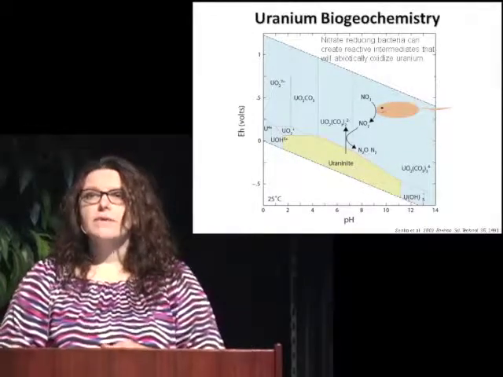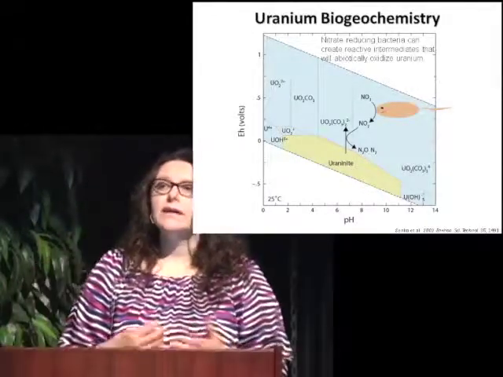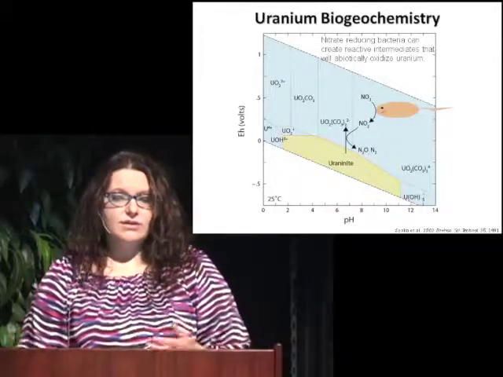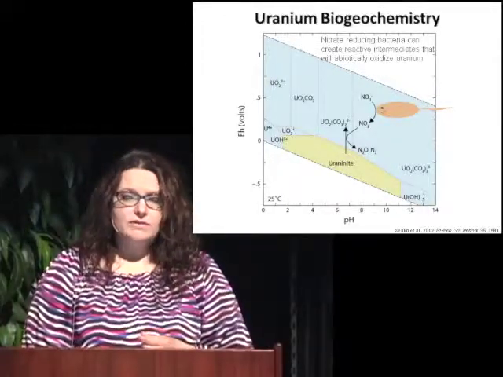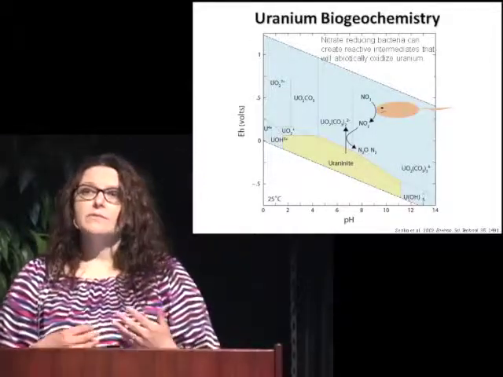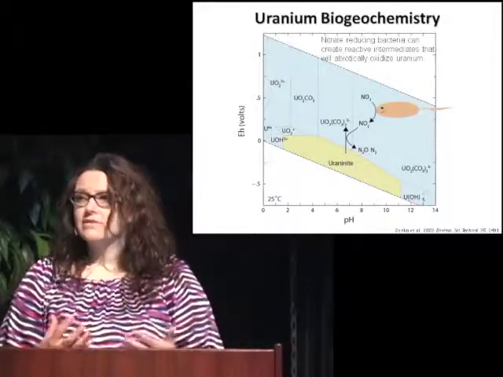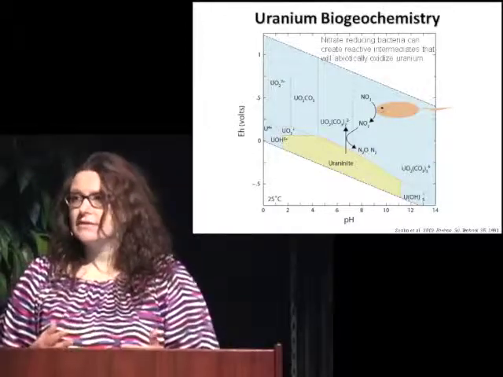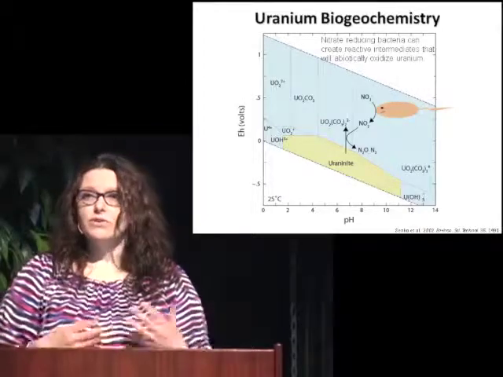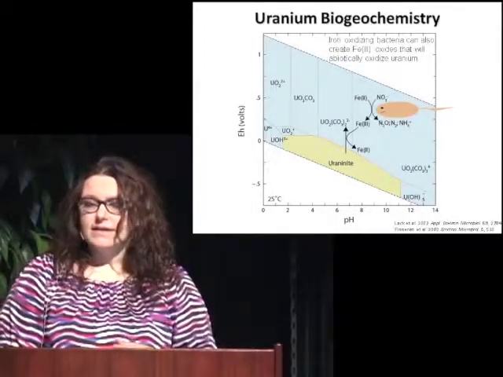Now, of course, there are microorganisms that can play a role in mediating uranium oxidation, and it might be indirectly. So you can have a heterotrophic nitrate-reducing bacterium that can produce a reactive intermediate, such as nitrite. And that nitrite could abiotically interact with the reduced uranium, reoxidizing it.